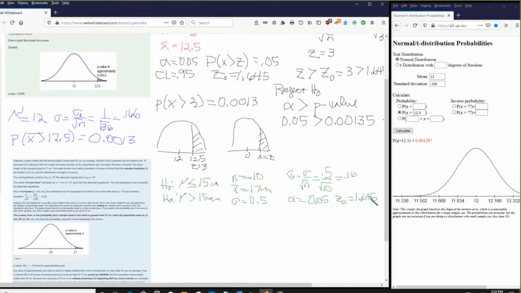And then we're going to do our z-score for the data, which is the sample mean minus the population mean divided by the standard deviation divided by the square root of n. So that's going to be 17 minus 15 all over 0.16.